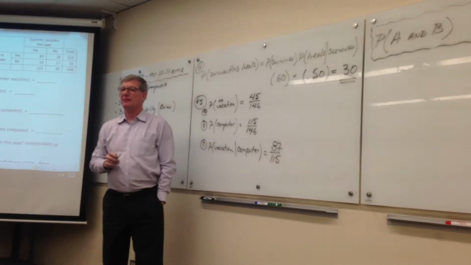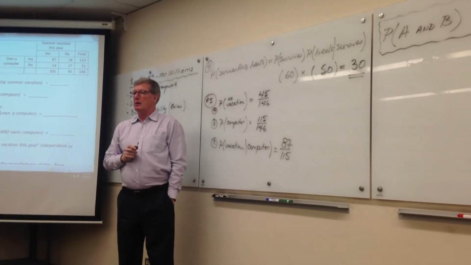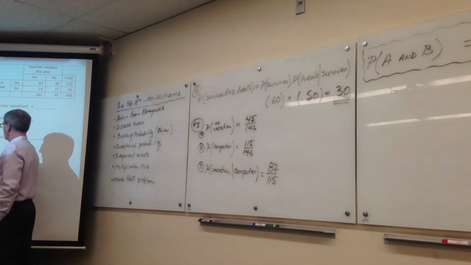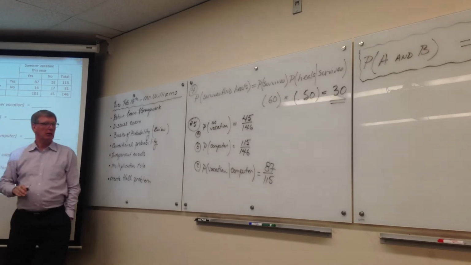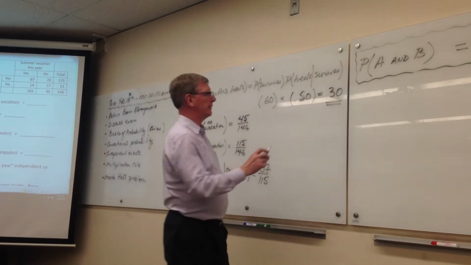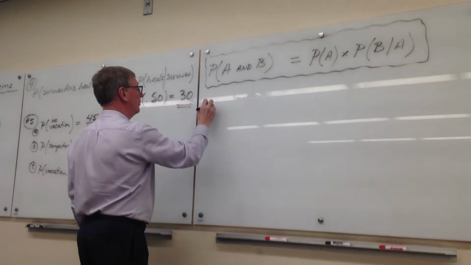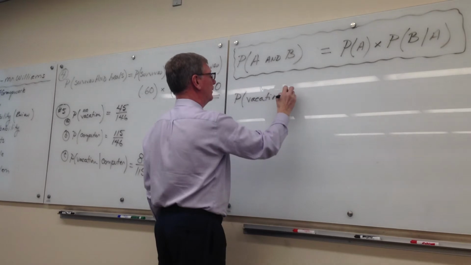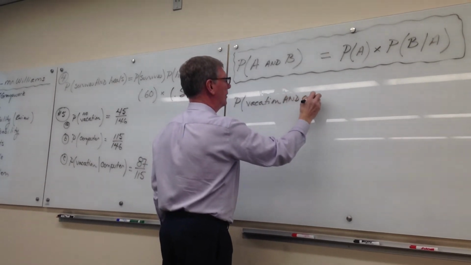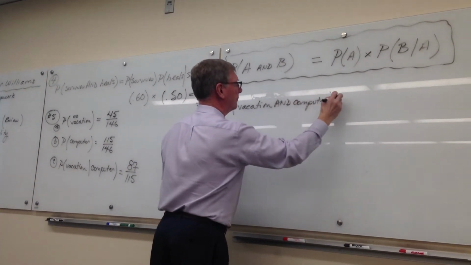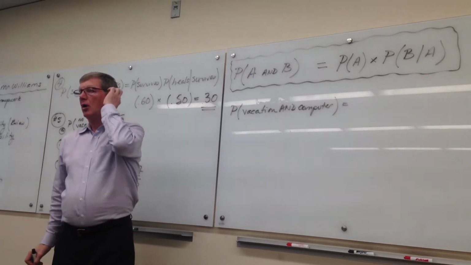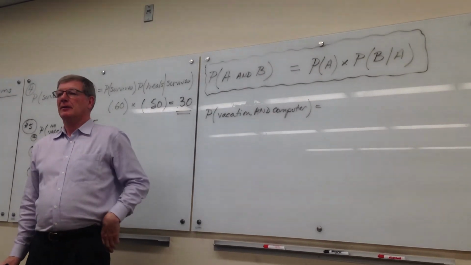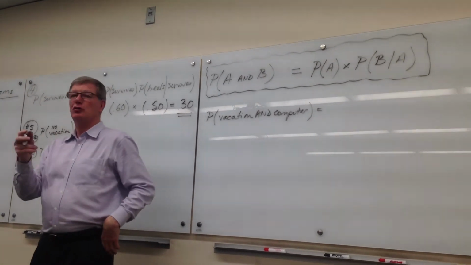Everybody see where those 2 numbers came from? All right, how about taking a summer vacation and owns a computer? So, how about a vacation and computer? One family at random, they have to meet 2 criteria, right?